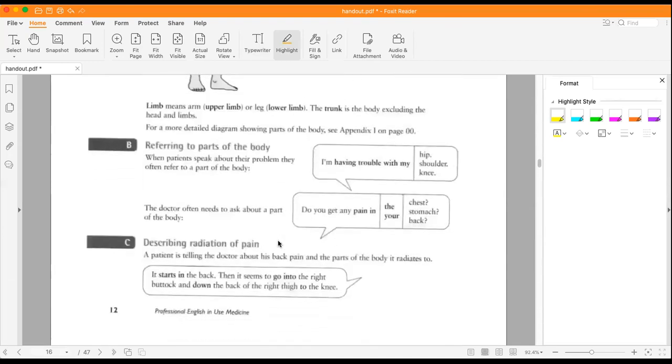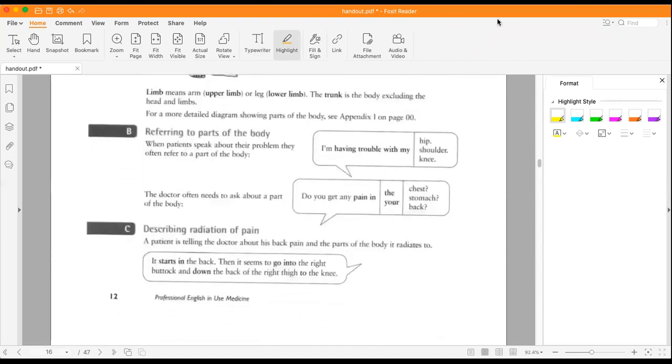Then we had how the patient refers to the body part where he or she has a problem, and number C, describing the radiation of pain, and how the pain starts in a specific body part and goes to another body part.